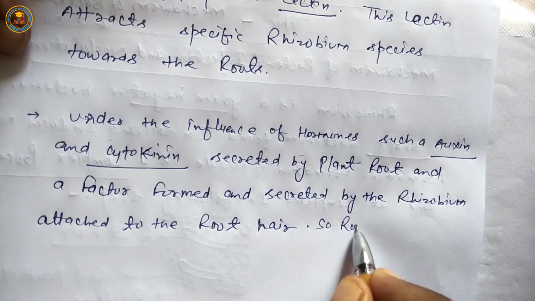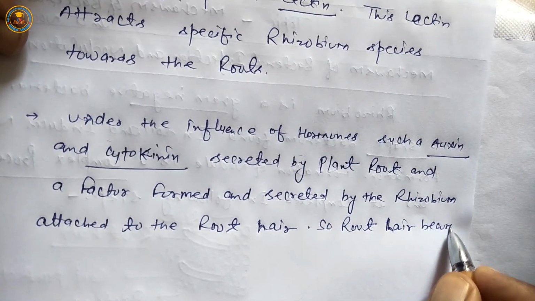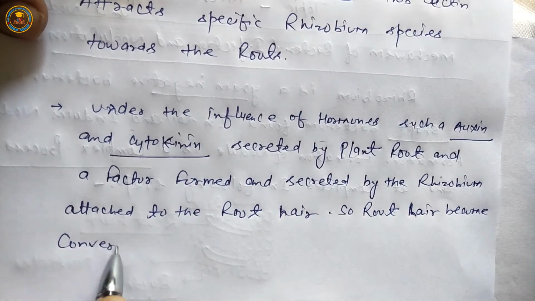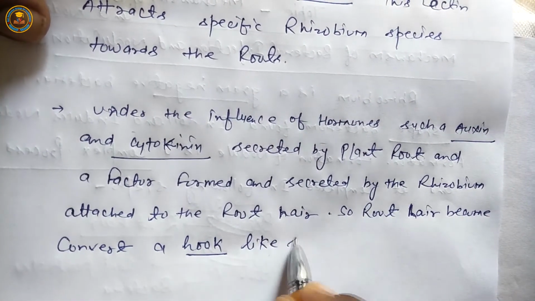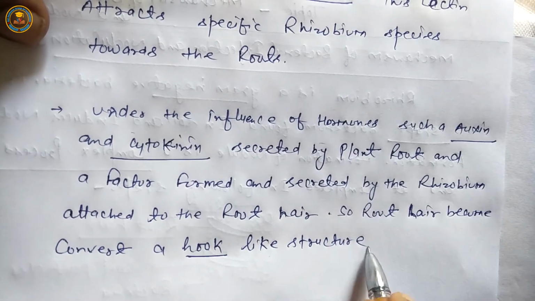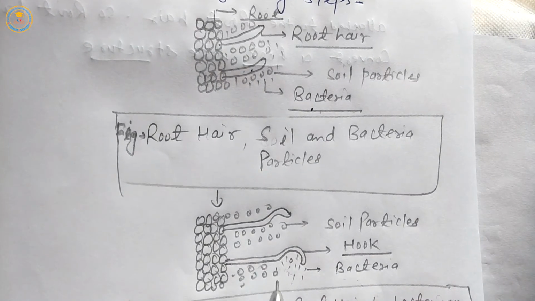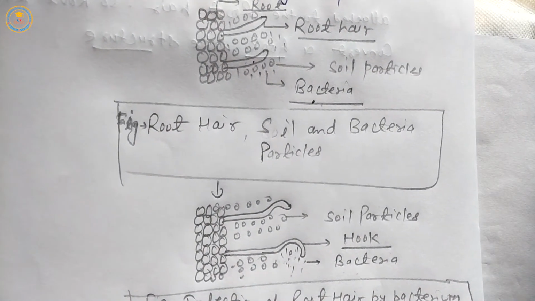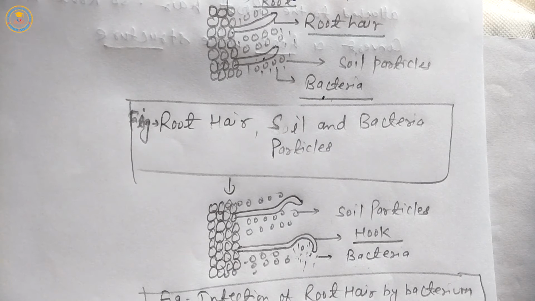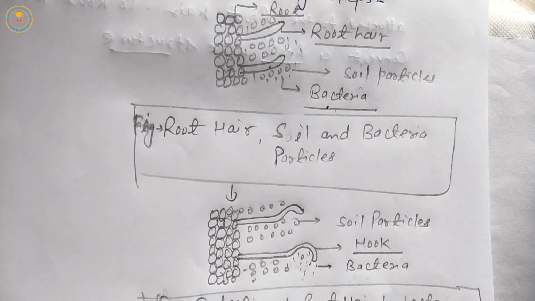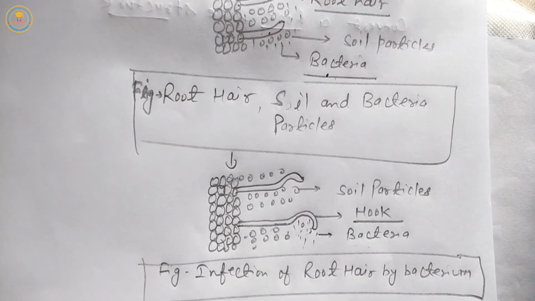So the root hair converts into a hook-like structure. Students, this is the second step. The plant root part secretes auxin and cytokinin hormones, and the rhizobium bacteria secrete and form a specific factor, the node factor. So the plant root hair terminal part becomes a hook-like structure.